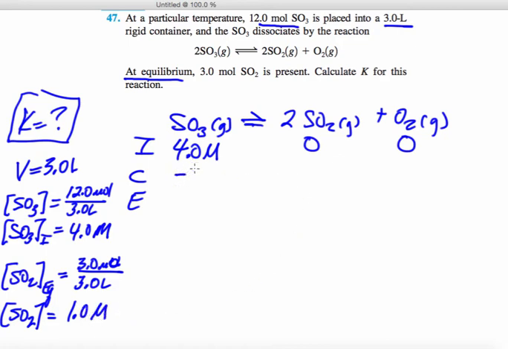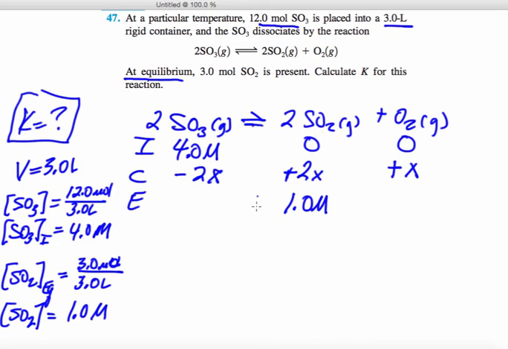So I minus 2x, I forgot to put the 2 here, forgot the x, and plus 2x plus x. I'm just using the coefficients, okay? Now, I know that at equilibrium, I end up with this amount of sulfur dioxide.